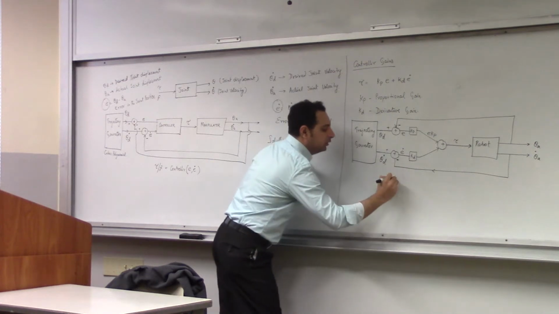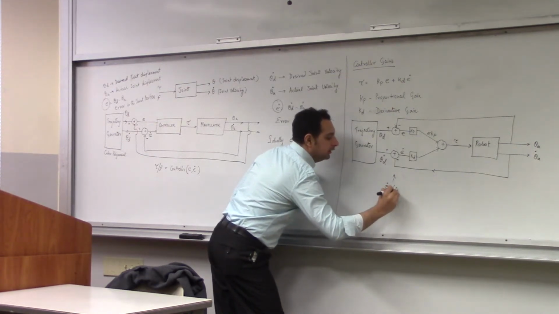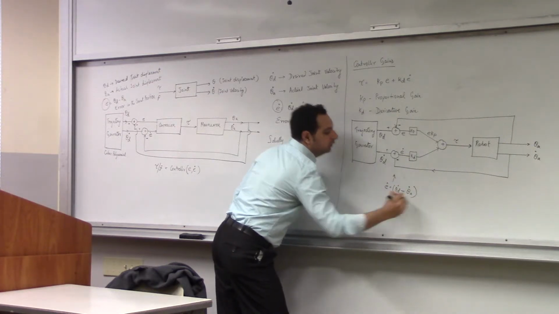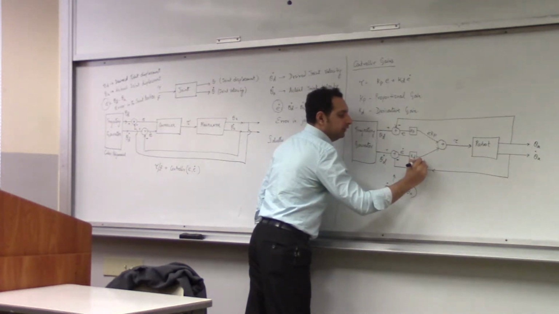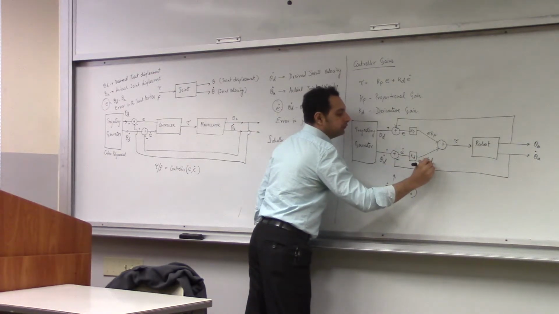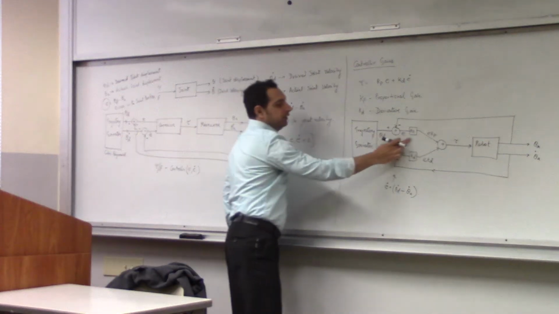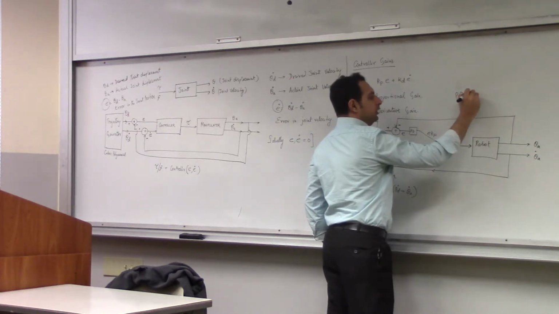So here you're calculating E dot as theta desired dot minus theta actual dot, right? Then you multiply this by Kd, which is your derivative gain. Because you have two gains here, this controller is called a PD controller, proportional derivative controller.